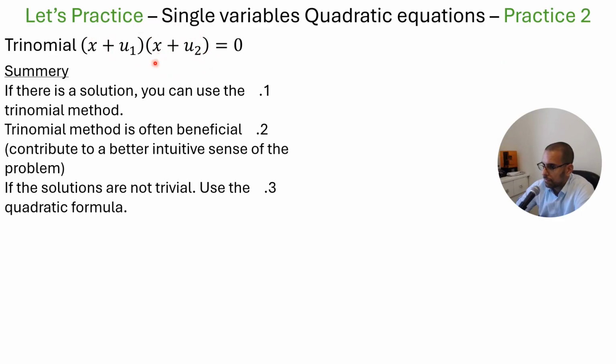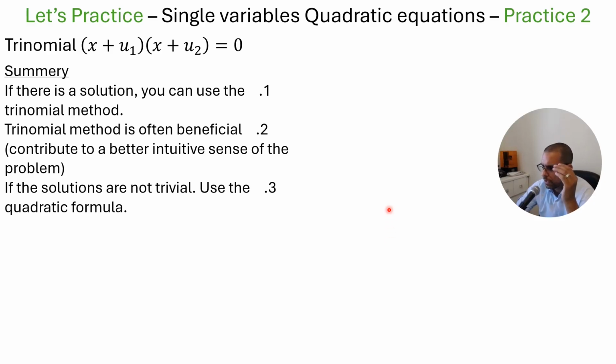And setting these factors to 0 is what gives us the x1 and x2 we need. If there is a solution, meaning that the parabola is touching the x-axis at 1 point or 2 points, we can use the trinomial method. It's not going to work if the parabola is hovering above the x-axis.